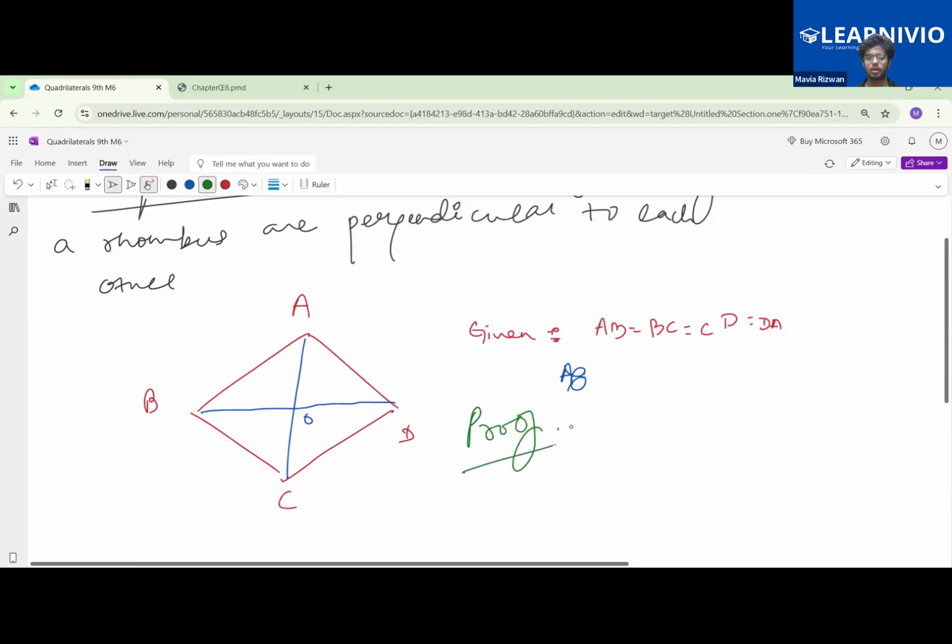Okay. What I'm gonna do, I'm gonna take two triangles. Let's take the two triangles as AOB and triangle COD. So in triangle AOB and triangle COD, okay.